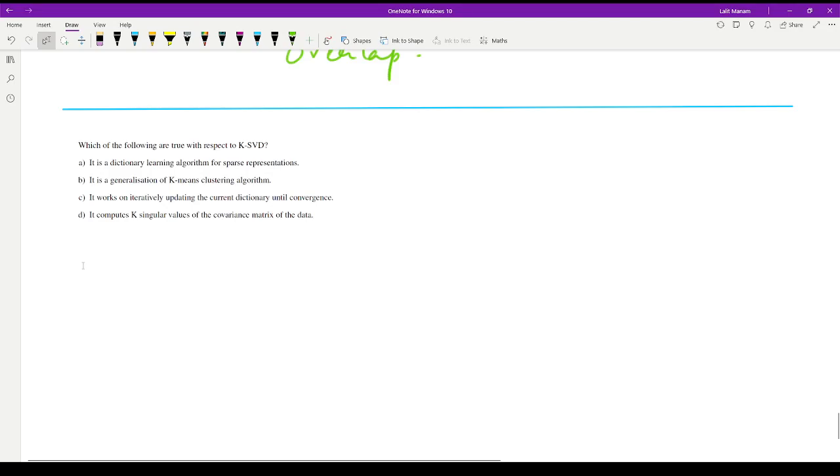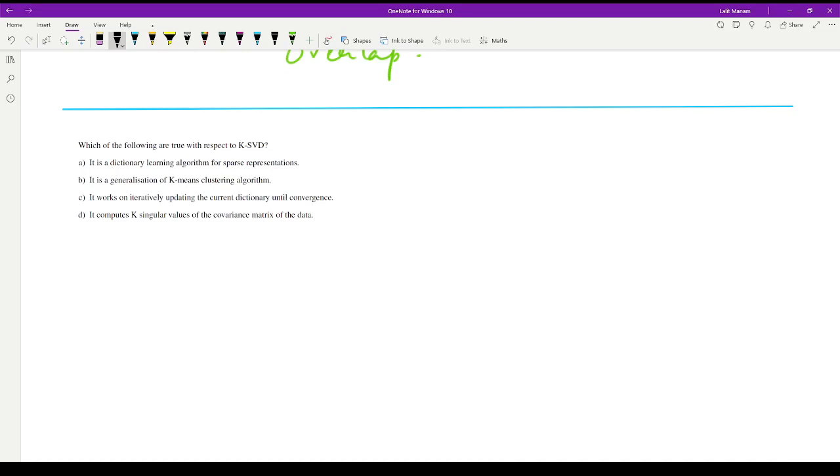So I hope the basic idea is clear, that given a vector of size capital K, you might want to have only small k number of elements to be filled, which is much smaller than the size capital K. So that's how the sparse representation comes.